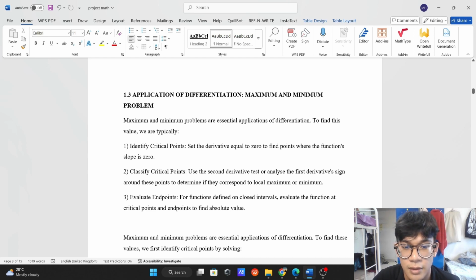Use the second derivative test or analyze the first derivative sign around these points to determine if they correspond to local maximum or minimum. Third, evaluate endpoints for a function defined on a closed interval. Evaluate the function at critical points and endpoints to find the absolute values.